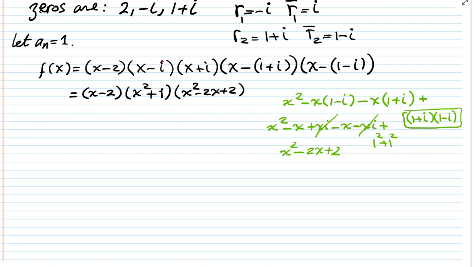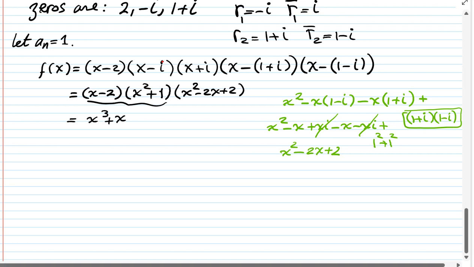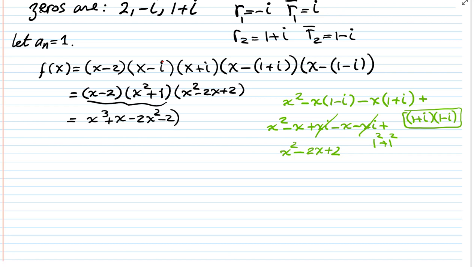All right, now let's carry on. We're going to FOIL the first 2 pairs. When you FOIL these, you're going to get x cubed plus x. That's F and O. The I is negative 2x squared and the L is negative 2. And that multiplies by x squared minus 2x plus 2. Okay. Now, let's distribute this.